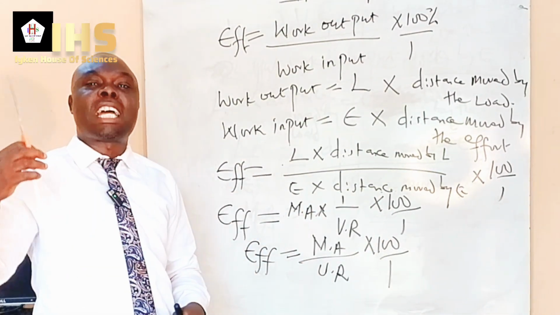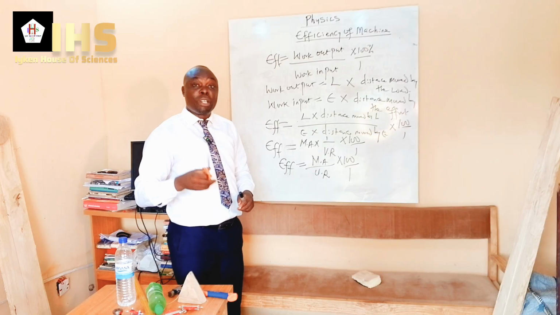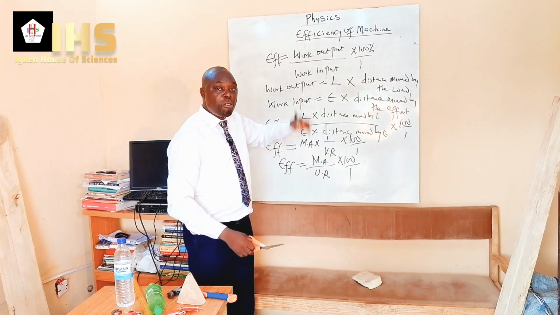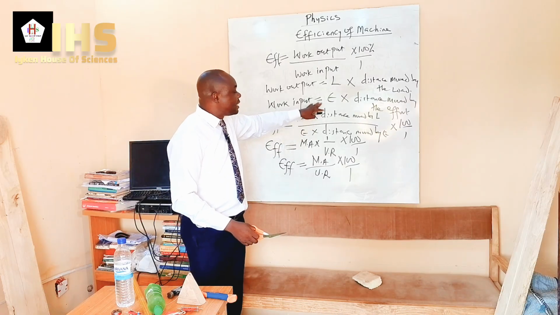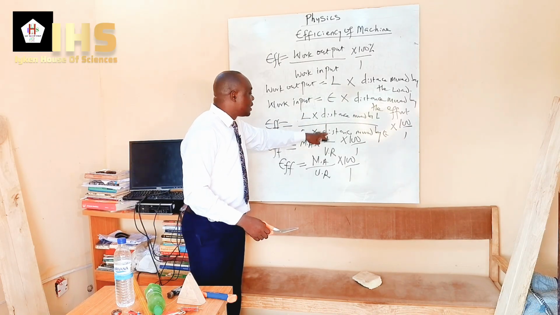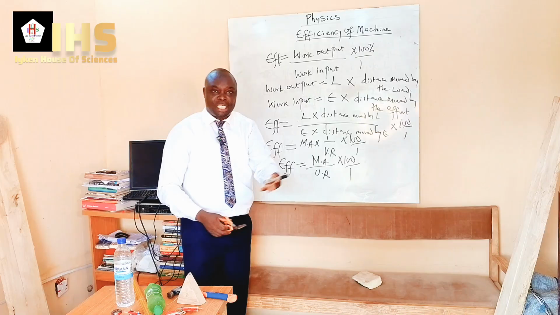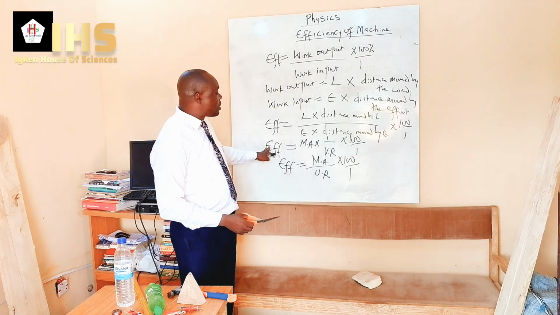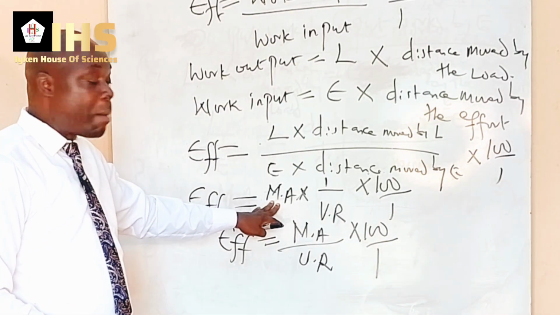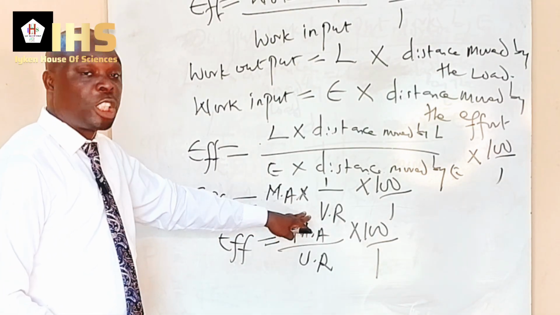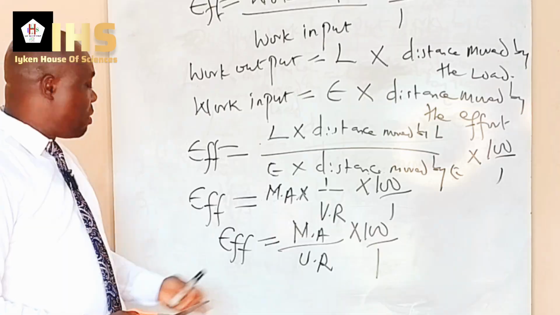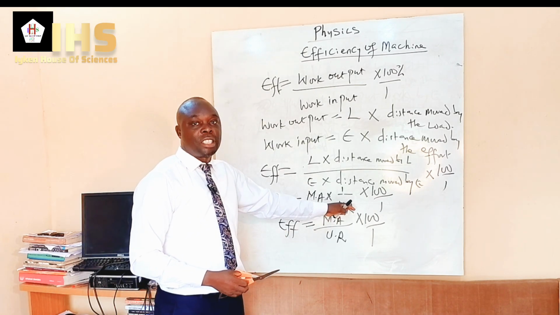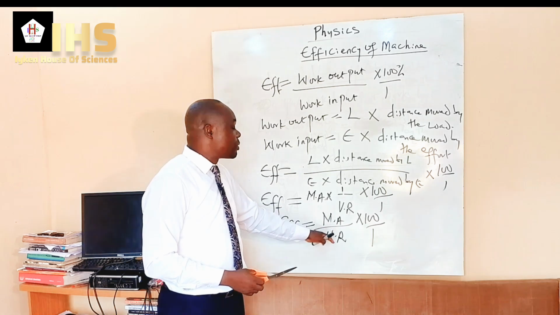But in the previous class, I told you that velocity ratio is distance moved by the effort per distance moved by the load. What I'm getting here is distance moved by load per distance moved by effort, which is the inverse of the velocity ratio. So efficiency is equal to mechanical advantage times the inverse of the velocity ratio times 100%. So we have a formula: efficiency is equal to mechanical advantage per velocity ratio times 100 over 1.